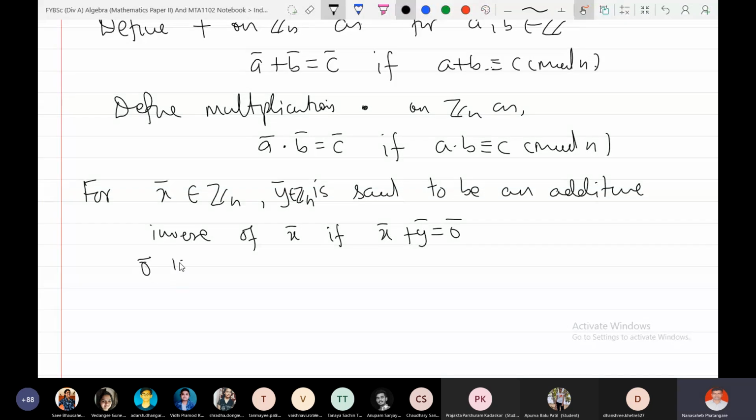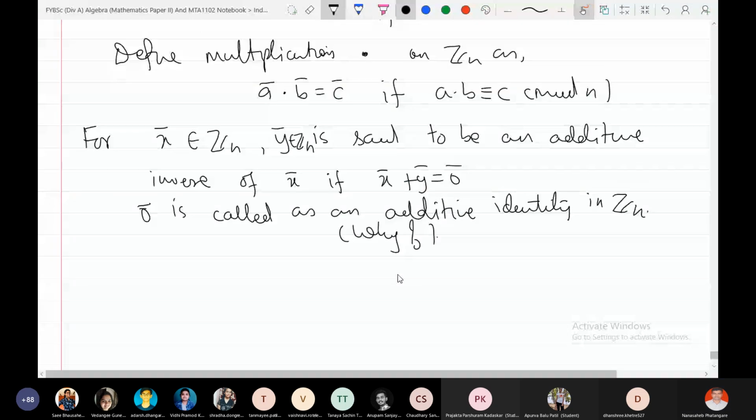0 bar is called an additive identity in Zn. Why? Why is 0 bar an additive identity?